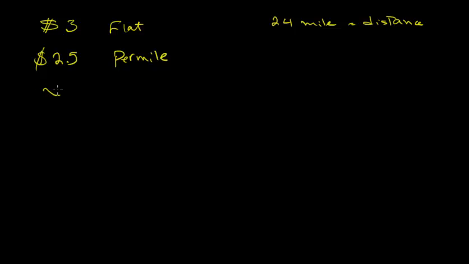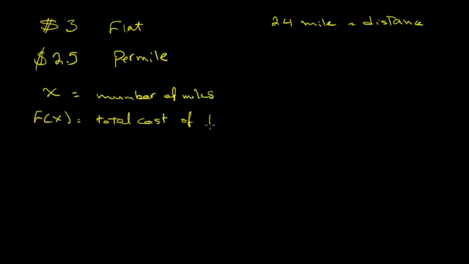You know that your x, or your input, is the number of miles. And then you have your y, or f of x, which is the total cost of the trip. So how much will it cost you to travel from your office to the museum downtown? You write the function.